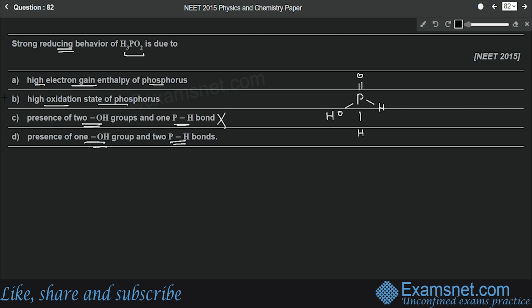Now the main reason is that all the oxy acids of phosphorus which have PH bonds, phosphorus and hydrogen bonds, act as strong reducing agents. Now since this H3PO2 has two PH bonds, it will act as a very strong reducing agent. So option D will be the correct answer: presence of one OH group and two PH bonds.